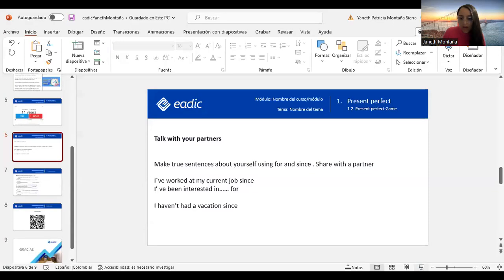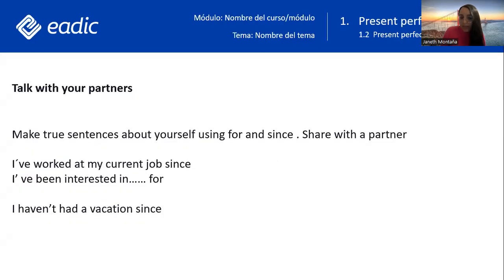Now here we have a conversation activity. The idea is that the students have to make sentences using for and since. For example, I've worked at my current job since, and we can put a specific year, 2003.